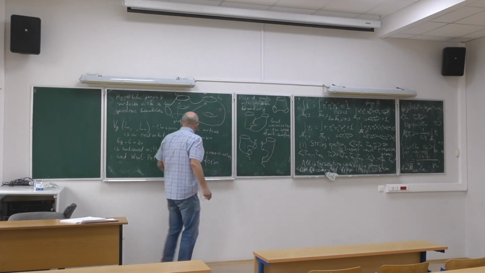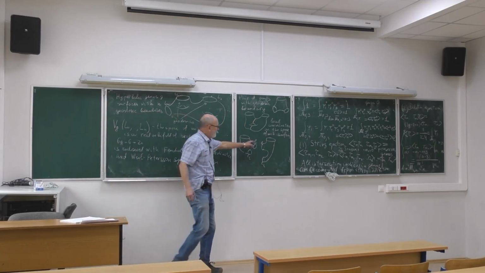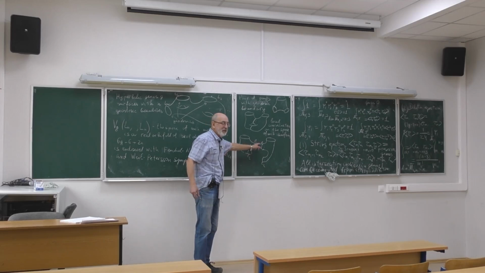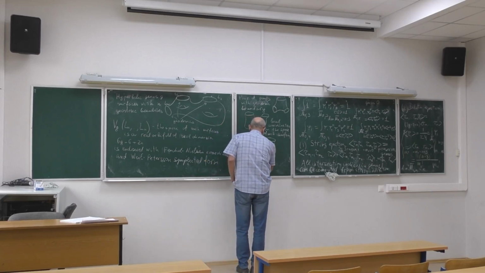So, the Fenchel-Nielsen coordinates are the length of the boundary component and the rotation angle.